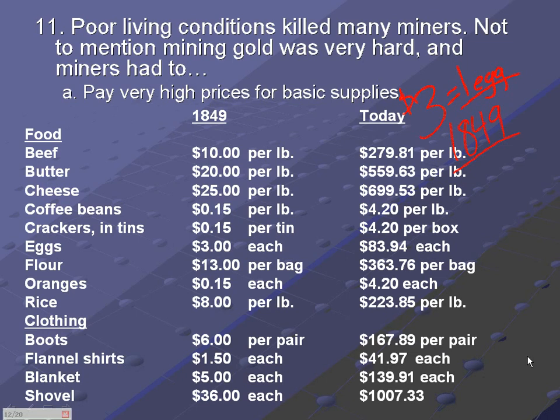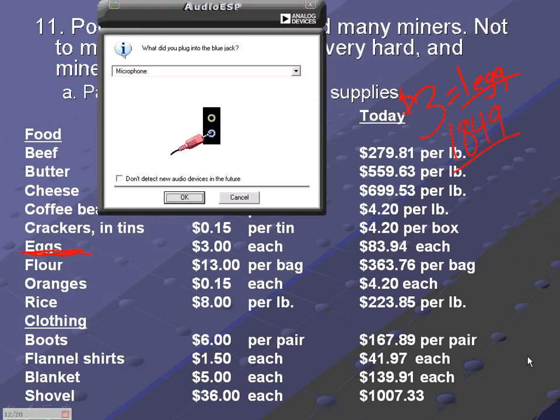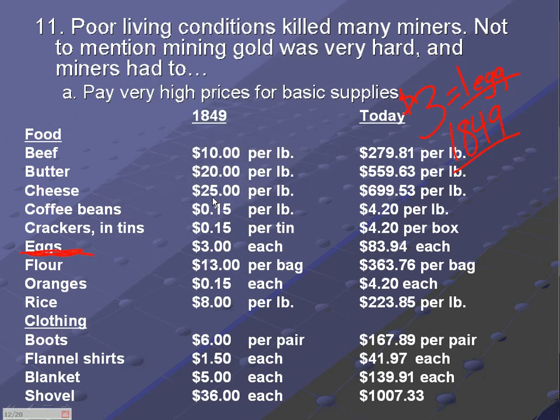So eggs, if you look down here, right here, it was $3 in 1849, and then today one single egg would be $83. Shovels down there at the very bottom would be $1,000 for a shovel. Pretty outrageous. So what you would do is you'd get gold, but then you'd have to spend it on these basic supplies, and then you'd be out of money again.